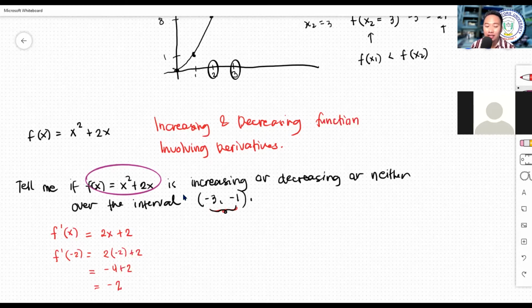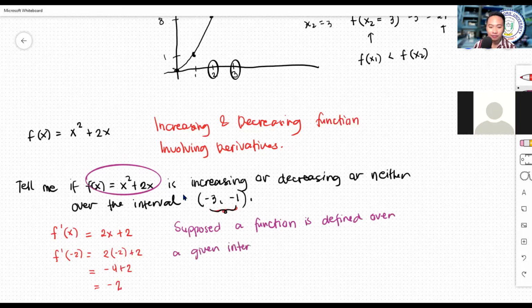That is because the value of the derivative with that specific value that we pick is less than 0. So if we're going to make a definition here, guys, suppose a function is defined over a given interval.